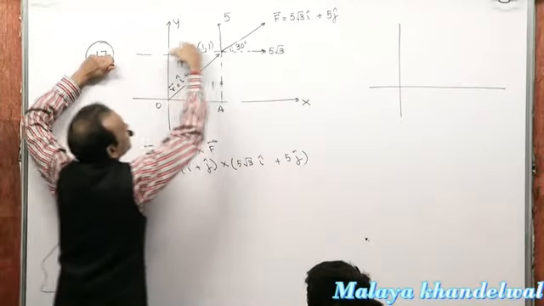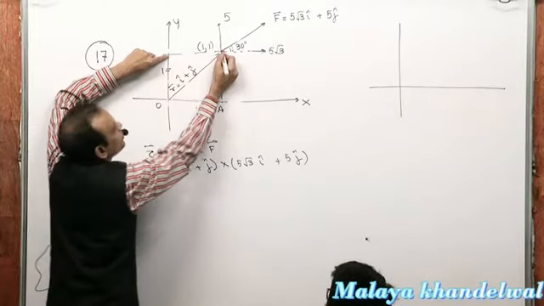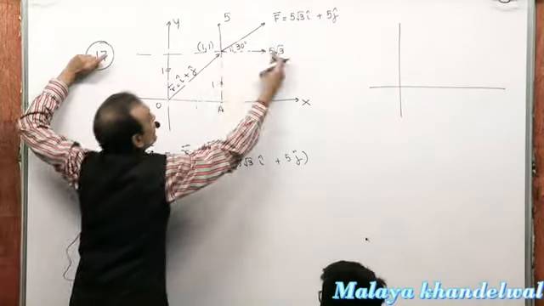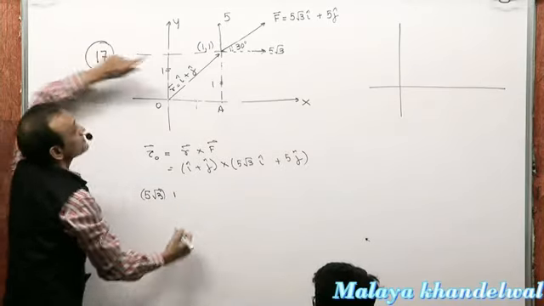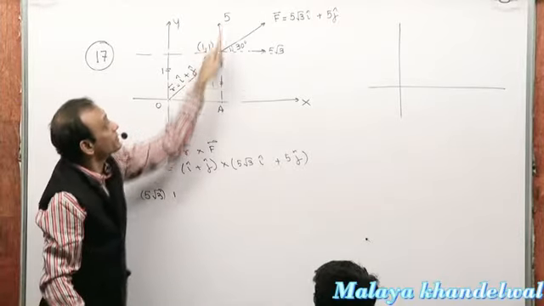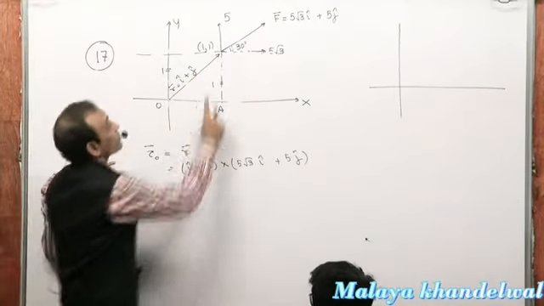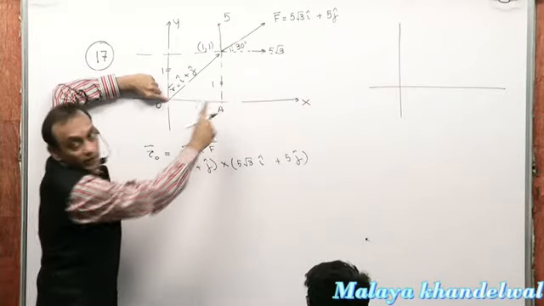5 root 3. This is the line of action of the force. This is the perpendicular distance, which is 1 unit, because this point has coordinates 1 comma 1. So 5 root 3 into 1 clockwise. Yes or no? That's a torque because of this component about O. Now, look at this component. 5 units. Its perpendicular distance from O is 1.